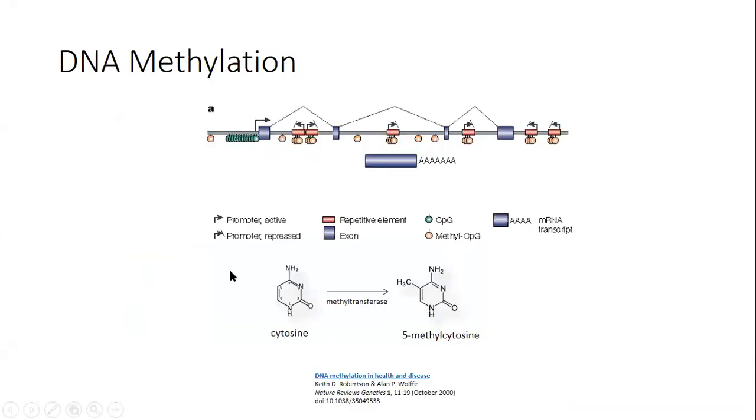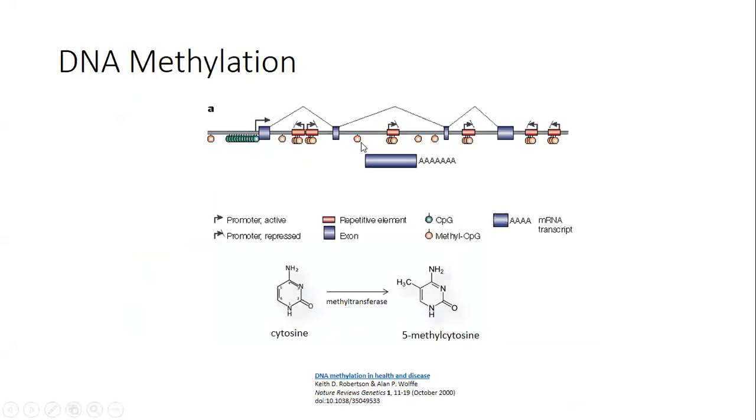At least at the molecular level, the signature of this tends to be the occurrence of methylation of DNA, and especially the occurrence of 5-methylcytosine, which is the methylated version of the DNA base cytosine. When that happens, which is depicted by these green things in a promoter region, it tends to silence the gene.